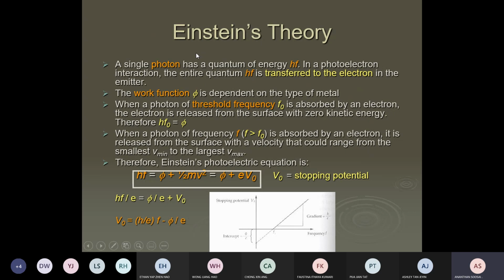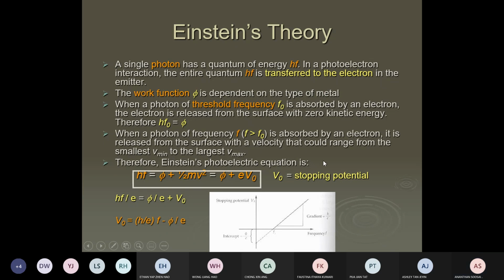Einstein said the energy of light is in terms of packets when the light interacts with matter. He said photon. Planck's photon idea was brought in by Einstein. In the photon-electron interaction, hf is transferred to the electron in the emitter.